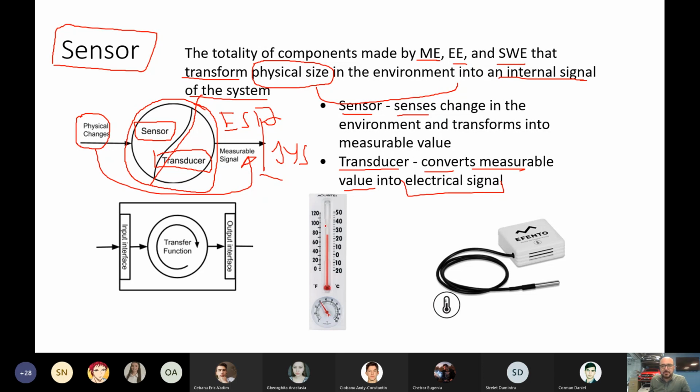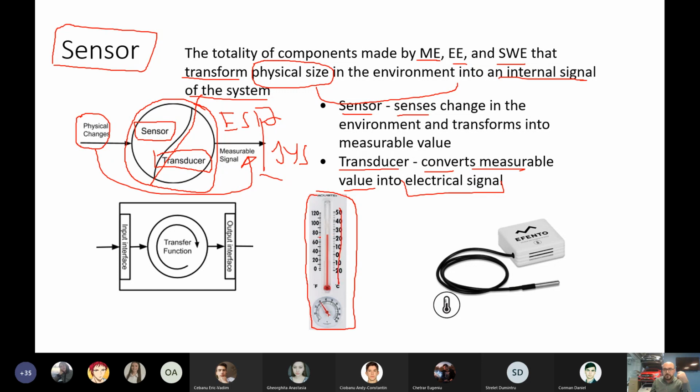So let's have an example. Here we have a temperature sensor. This is a real temperature sensor, and it is converting the temperature into a measurable signal, and we can measure this value by a ruler.